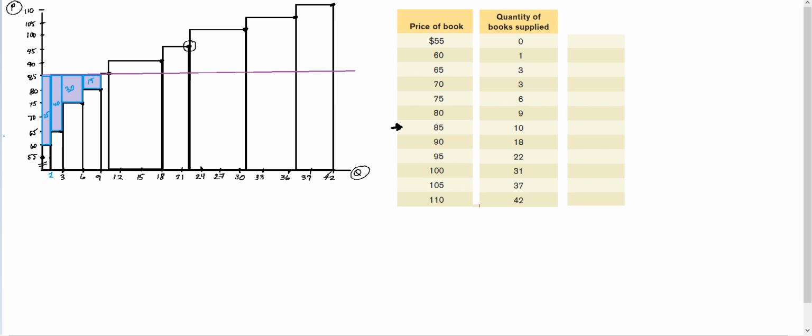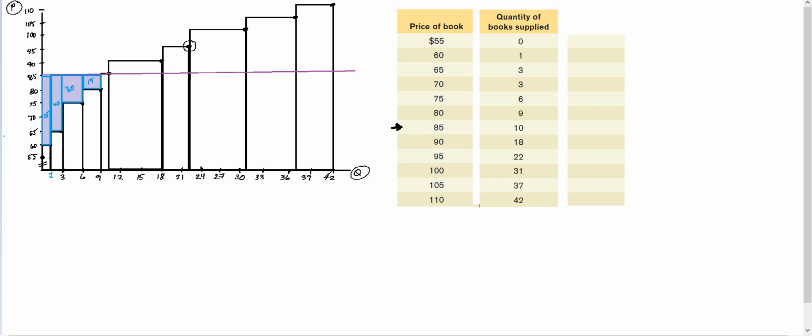Before we do that, let us consider the way we were given quantity of books supplied. Remember that I need to consider not the total amount of sellers, but how many more come to the market as a result of the increase in price of the book. Graphically, that is how many more is the width of our rectangles in the picture. So, when the price of the book is $55, we have no sellers who are willing to sell at that price.